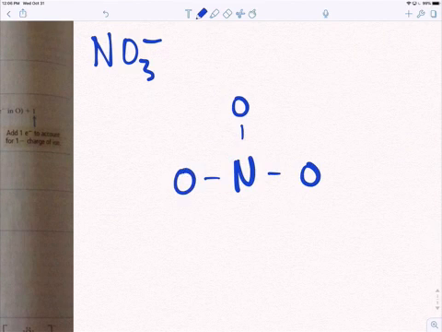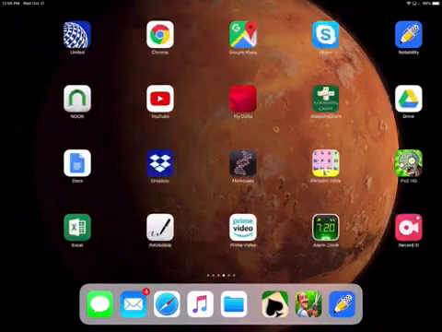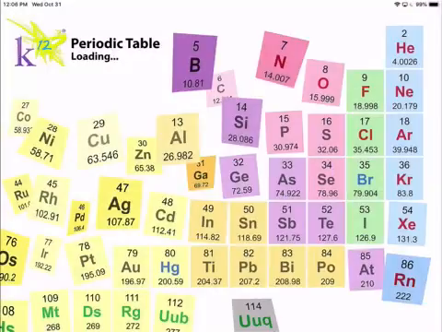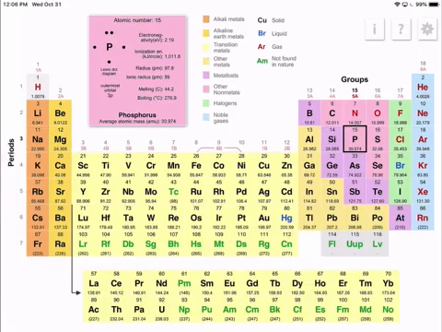And now we sum up the valence electrons. So where is my table? There we go. Nitrogen has 5 valence electrons: 1, 2, 3, 4, 5.